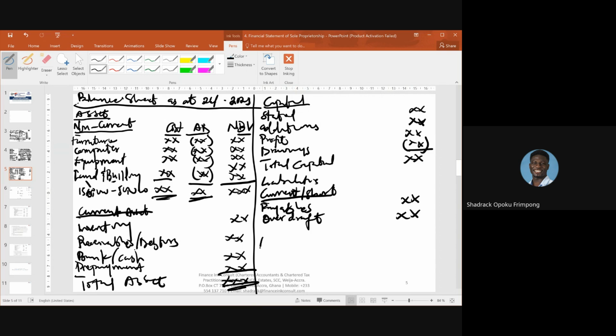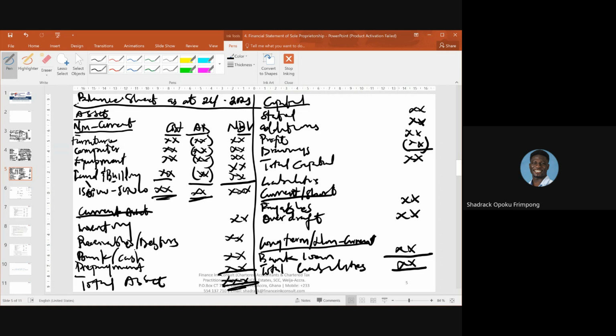Then we can look at our long-term or non-current liabilities. So let's just say bank loan. Okay. So when we add, let's add all our liabilities, both short term and long term. So that gives us our total liabilities, right?